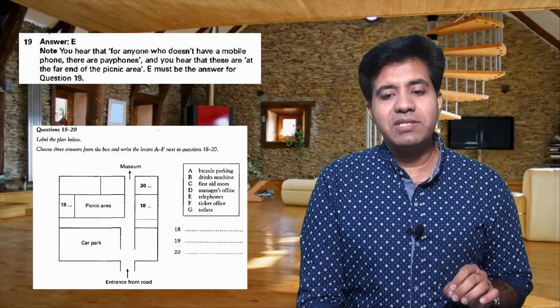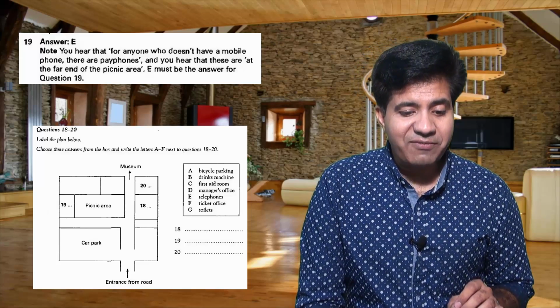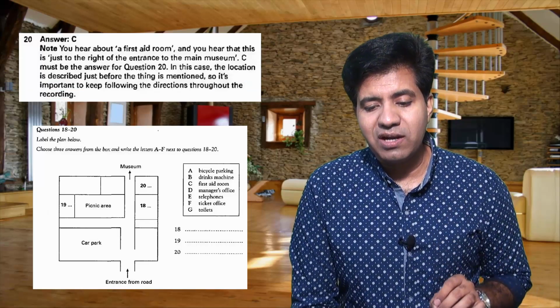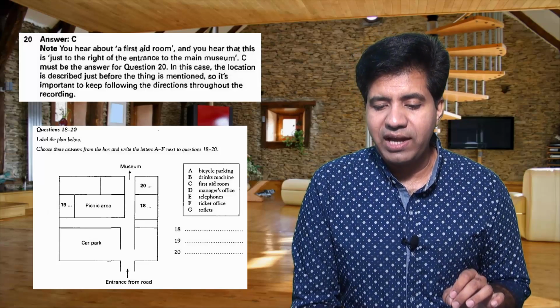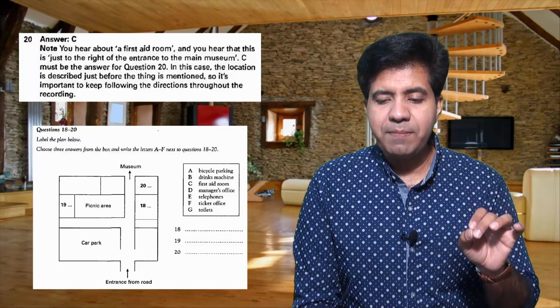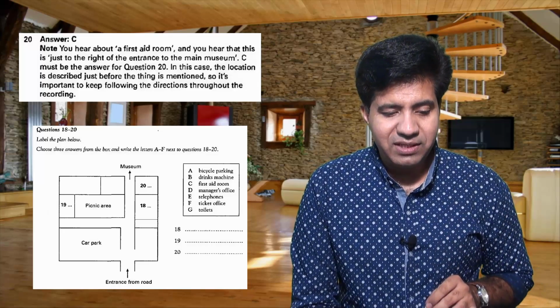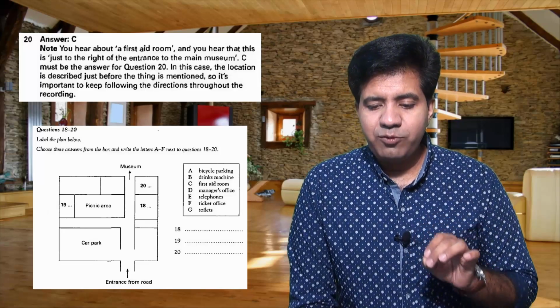And what about your answer for question number 20? C, well done. That is first aid room. They say, note, you hear about a first aid room and you hear that this is just to the right of the entrance to the main museum. Main museum, right of the entrance, that is number 20. So C must be the answer for question number 20.